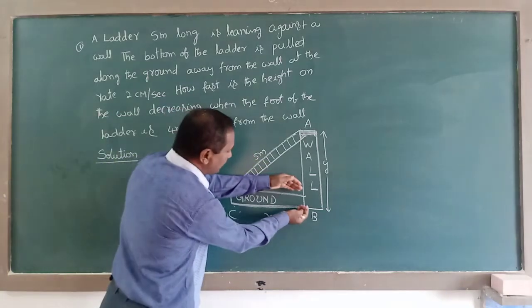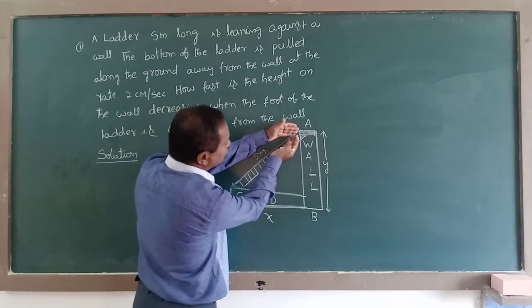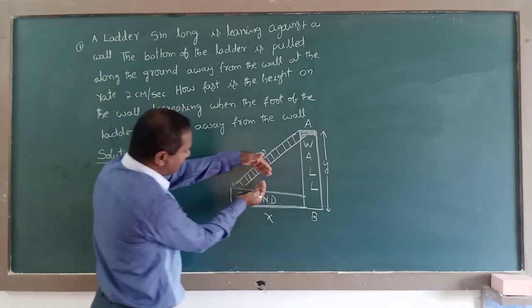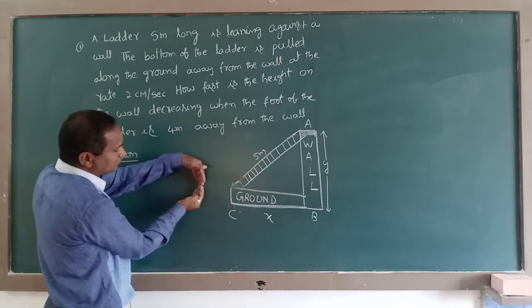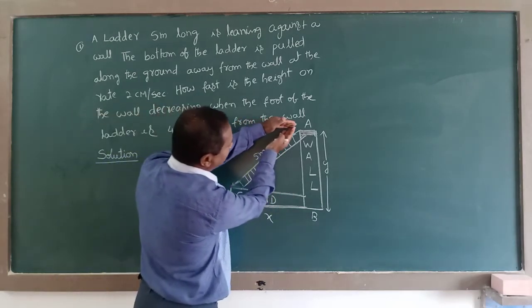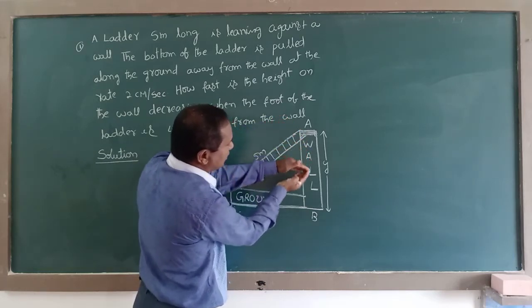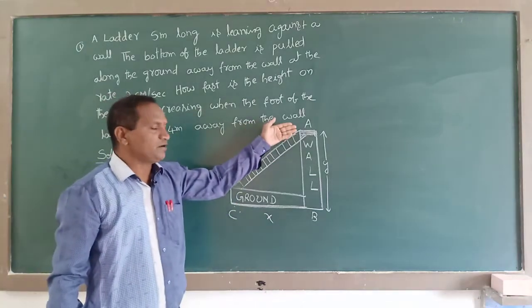When you pull the bottom of the ladder like this, the top of the ladder will come down. It is coming down means it is at the rate of decreasing.